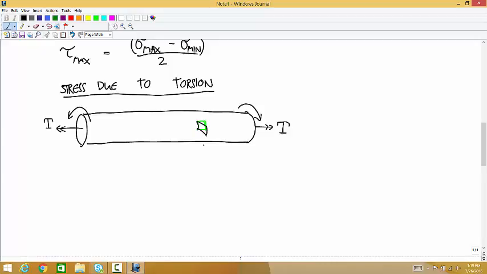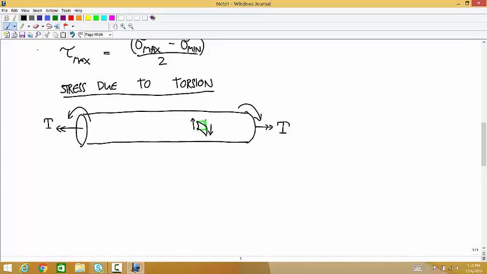Okay, that's the change in shape of that square that comes from this torque. And because of the way that square deforms, it makes sense that this corresponds to a shear stress this way and this way.